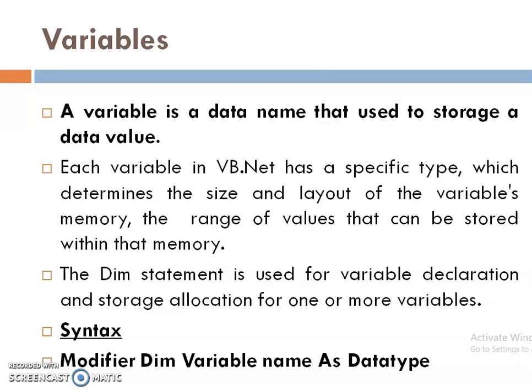The Dim statement is used for variable declaration and storage allocation for one or more variables. The syntax of declaration of a variable in VB.NET is: we write first modifier, then Dim keyword, then variable name, then As keyword, then data type.